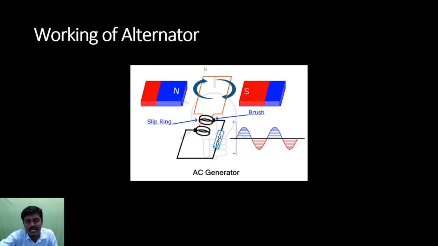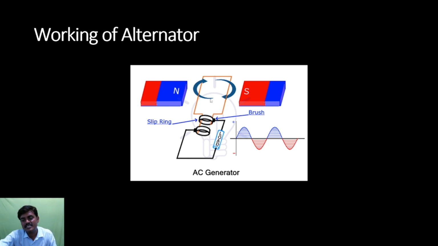Here we are having the north pole fluxes and here we are having the south pole fluxes. From the north pole to the south pole, fluxes always move through. So point to point, the flux linkages of the coil may differ. Suppose this coil is in the vertical position, that time the flux linkage is different.